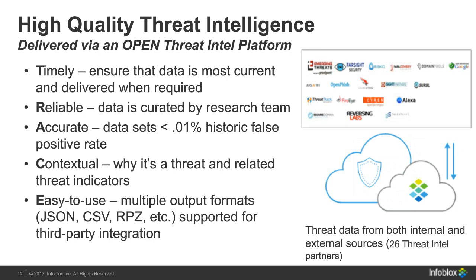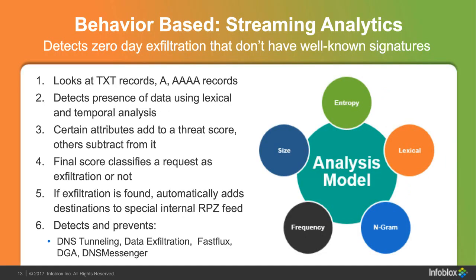So I talked about detecting DNS-based data exfiltration, fast flux, and DGA. The key thing about these advanced threats is that signature and reputation-based tools are not going to detect those threats, simply because there are no known signatures or known bad destinations associated with these threats.